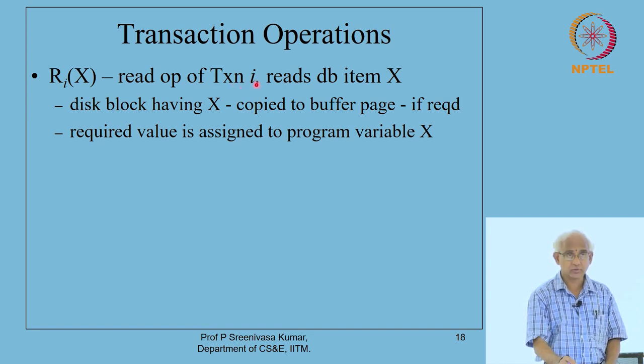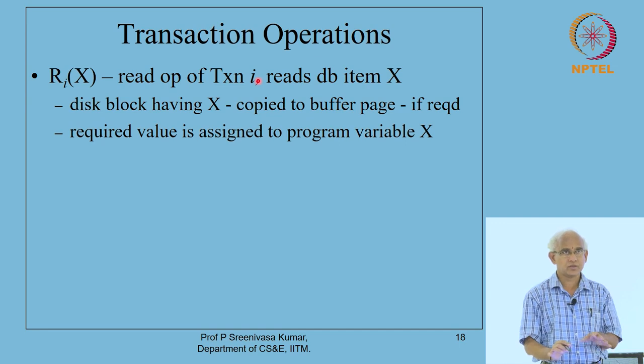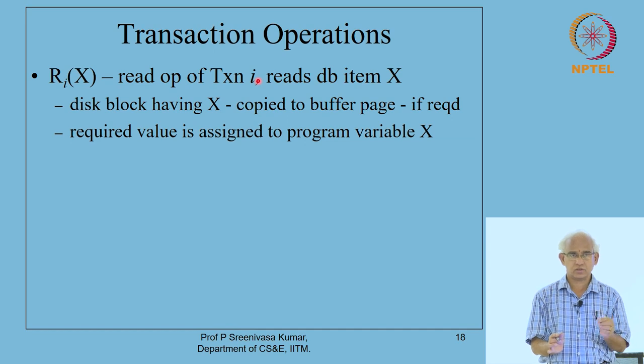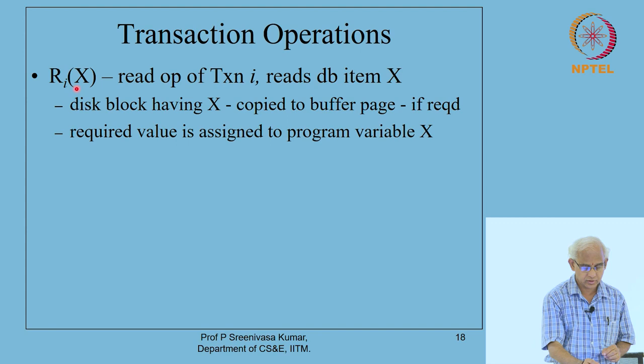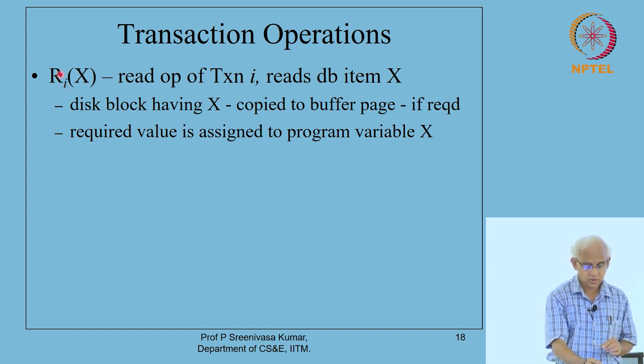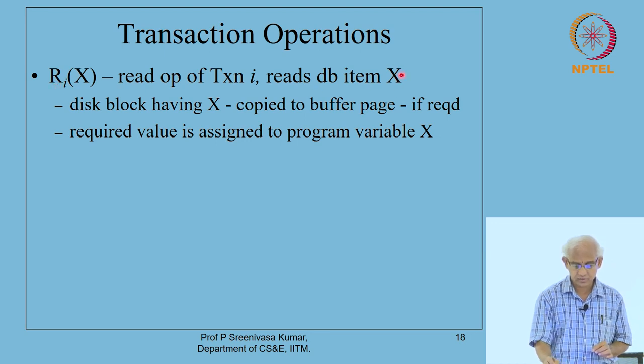Since we are going to mix the operations of several transactions together and start talking about them, we need to distinguish between the operations of each transaction. So we use the transaction number as a subscript. R subscript i indicates that i is the transaction number, the transaction is doing a read, and the DB item is X.